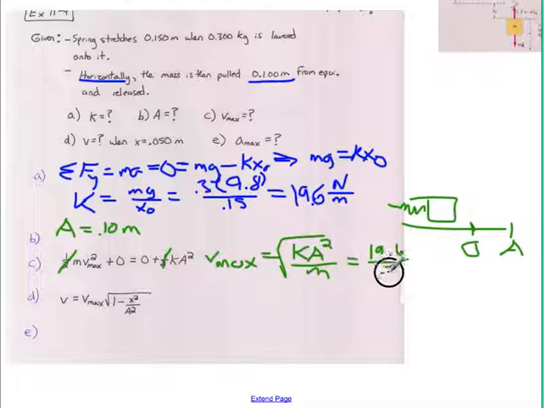The mass doesn't change magically, of course. Square root that part, and a we said was 0.10 centimeters. So there we go, and that's 0.808. So velocity, we could check the units, but anyway, meters per second.